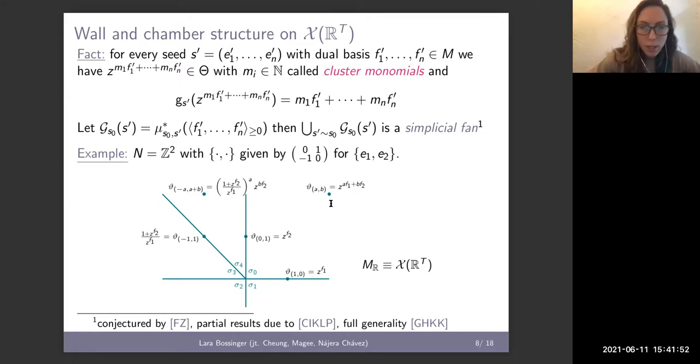And now all the lattice points inside these cones correspond to the corresponding combinations, the monomial obtained from these ray generators, from the coordinates on these rays. And all of this takes place in the dual cluster variety, in the real tropical points of the dual.